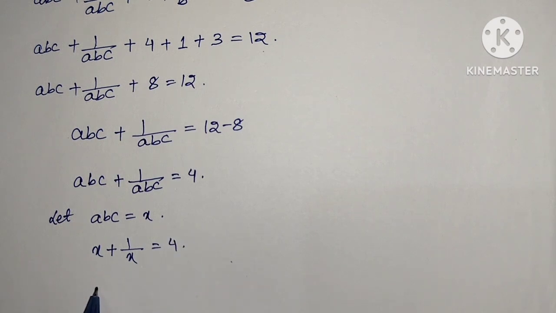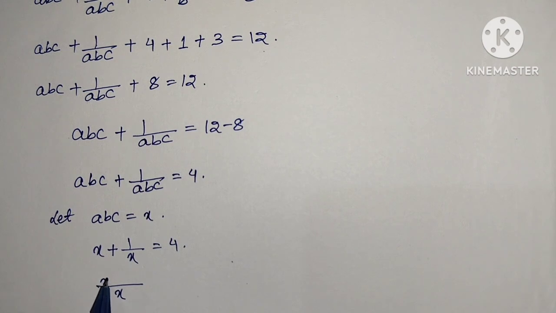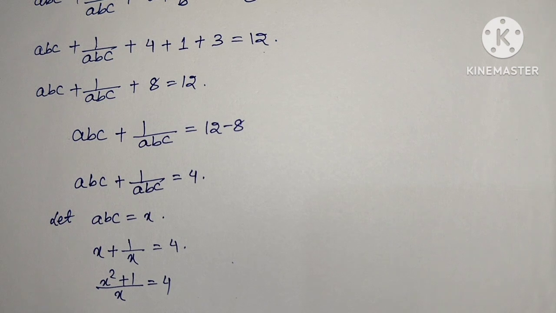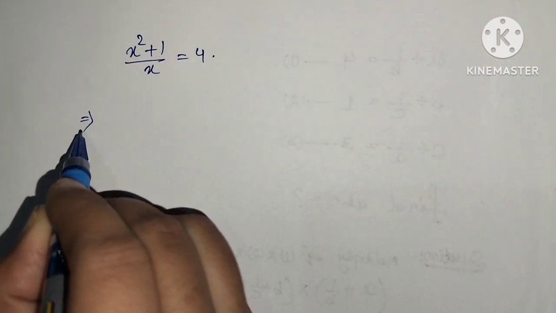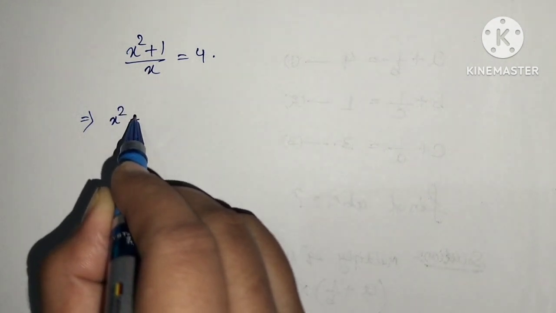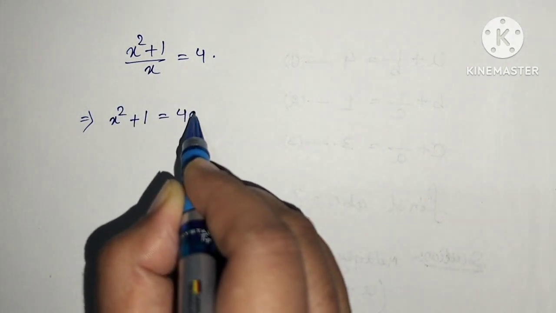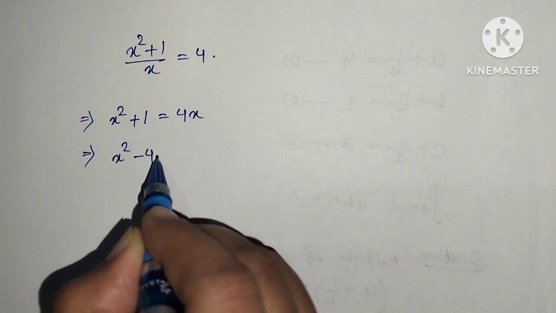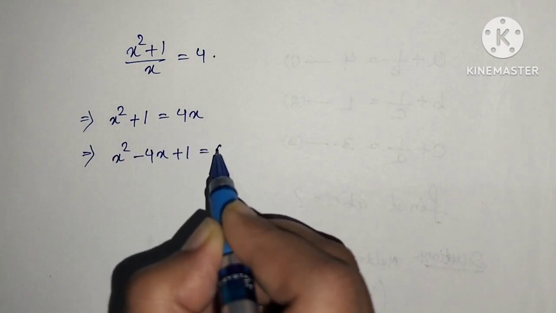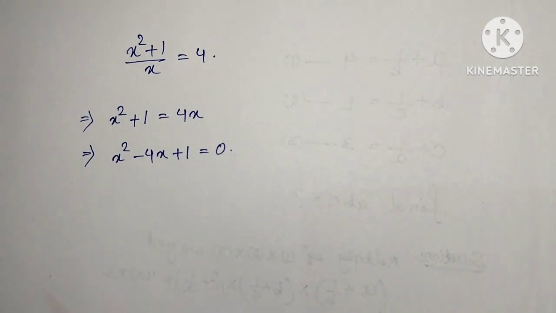Then take the LCM, it is x. Then here it is x square plus 1 is equal to 4. The next step, x square plus 1 is equal to 4 into x. Then x square minus 4x plus 1 is equal to 0. This is a quadratic equation.